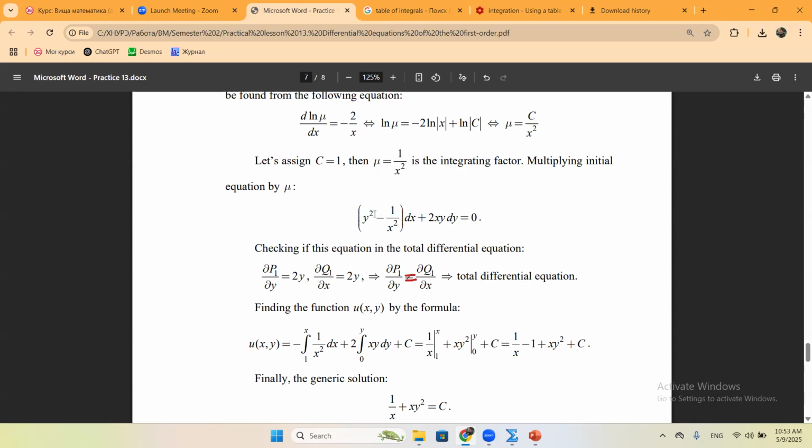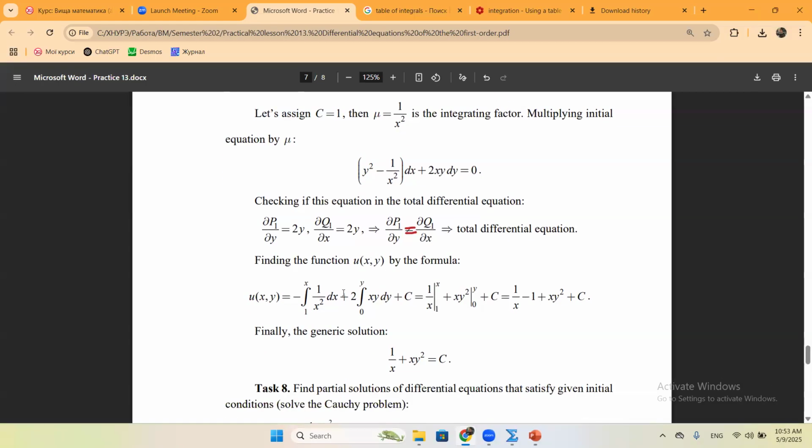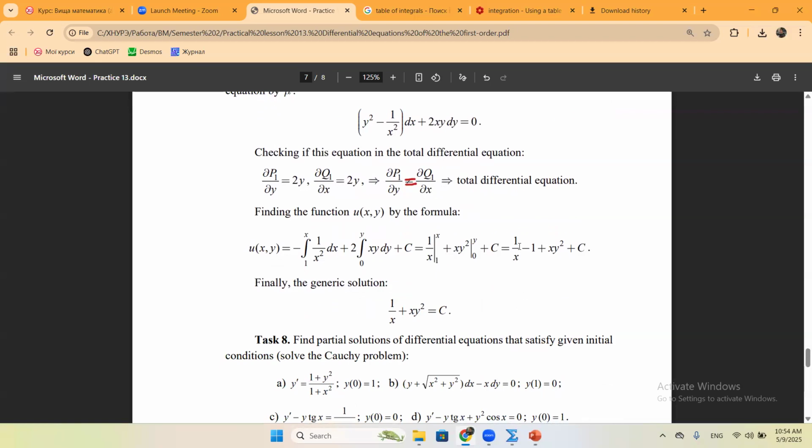And for y0 we can use 0. So here we have only minus 1 over x, and here we integrate from 0 to y. And what we actually received finally, the final solution will be the following: 1 over x plus xy squared equals c. We actually can eliminate 1, so it will be part of the arbitrary constant.